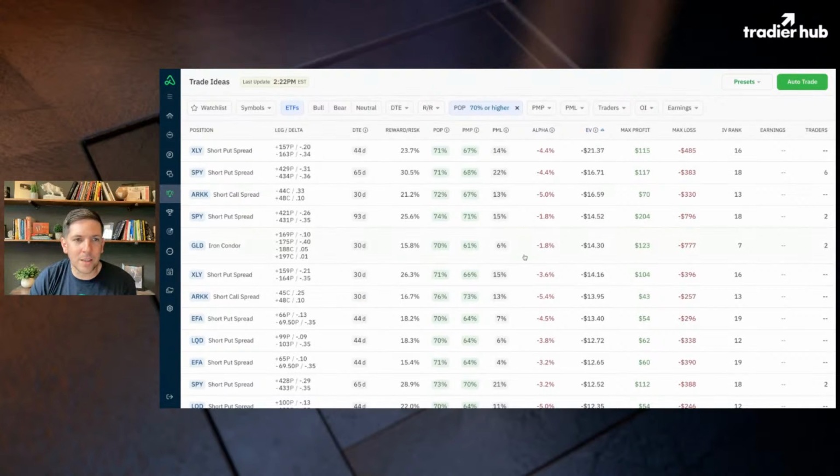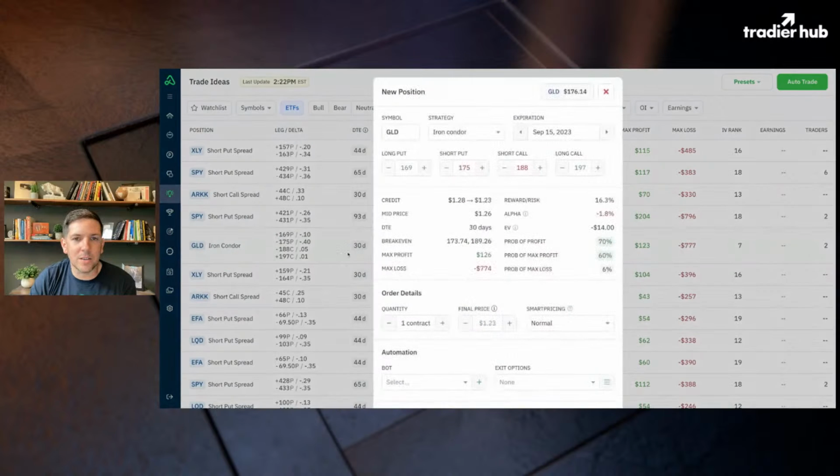If you look at some of these other ones here, let's look at a different one like GLD. GLD, this is an iron condor. It's calculating, again, all of the possible outcomes for this trade. You can see, again, high probability of success. This trade is a high probability trade. If we were just judging this trade off of wins and losses, this one would be a good one to take, like high probability.